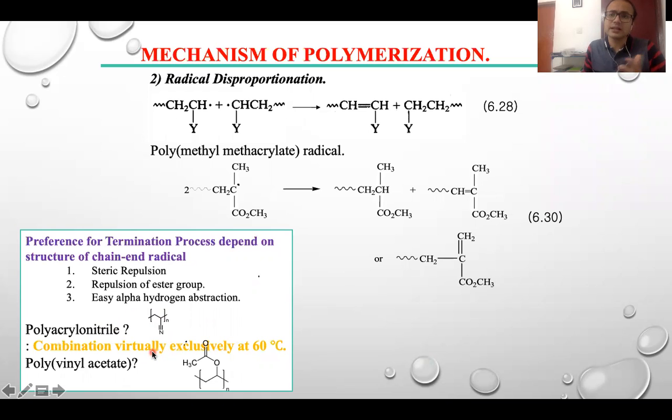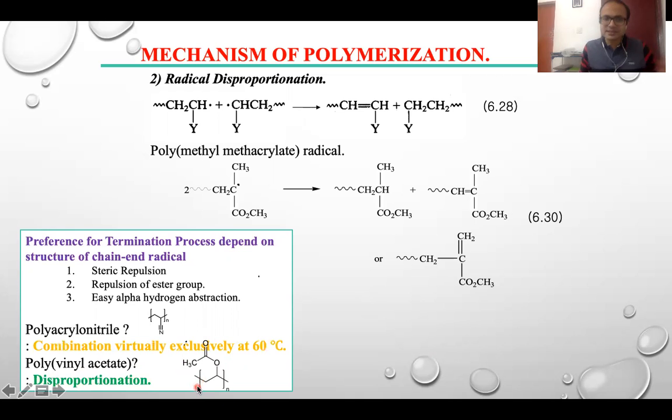So wherever sterics is not coming into the picture, usually the termination finds its route via radical coupling. Okay, but in this case, polyvinyl acetate, as you can see, you have an ester grouping present. So it will lead to a lot of electronic repulsion. Therefore, in this particular case, they undergo a kind of disproportionation reaction.